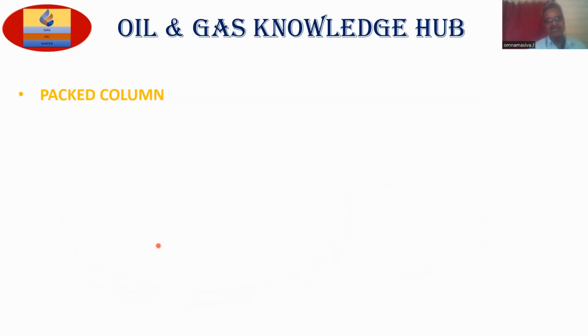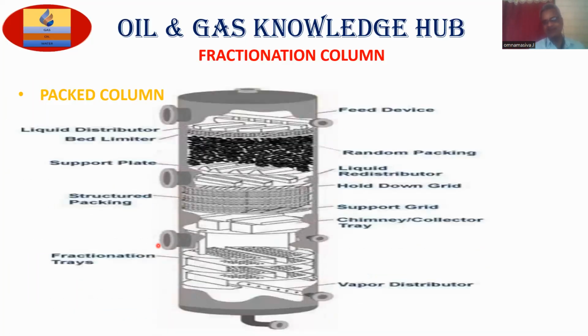Now we'll talk about the packed column. This is a packed column. This is the feed device, random packings, structured packing. We will discuss this in the next slide. Liquid redistributors, liquid distributor.